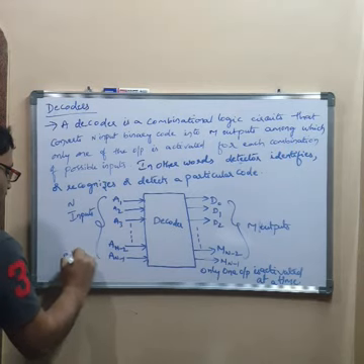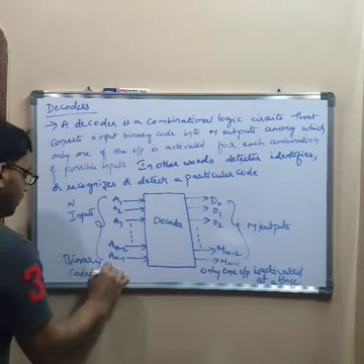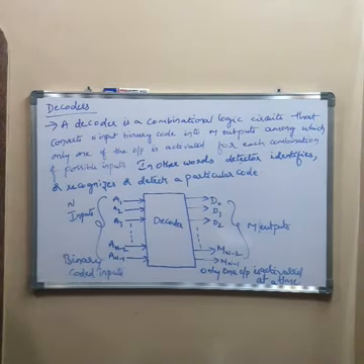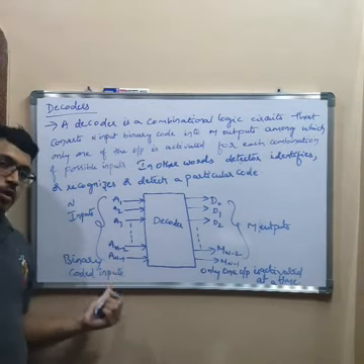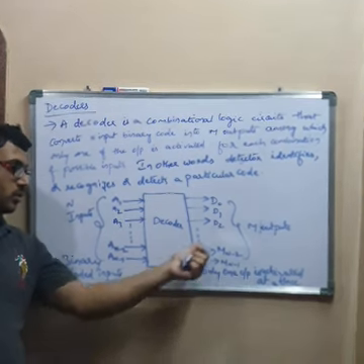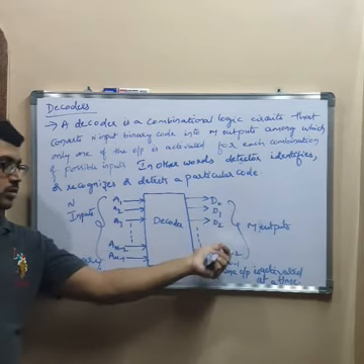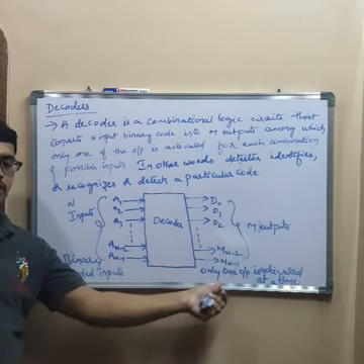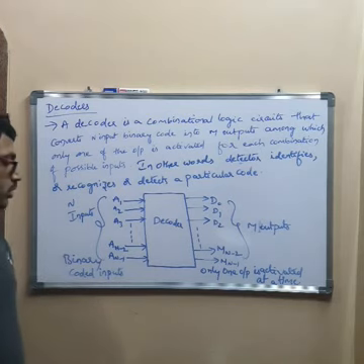These are the binary coded inputs. So this is the general block diagram of a decoder. At the input side it has binary coded inputs. At the output side you have m outputs. Among all these m outputs, only one output is activated for each possible combination of the input, right? This is the general block diagram.